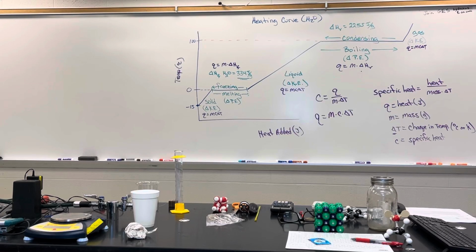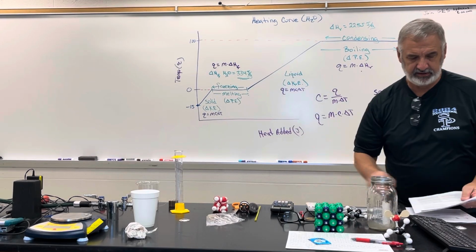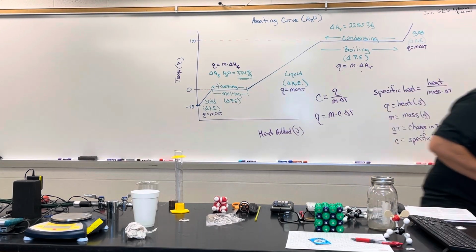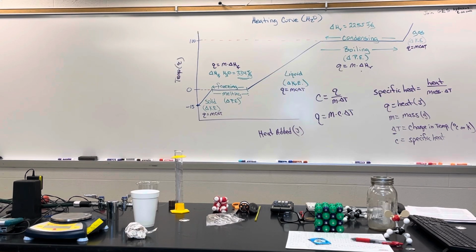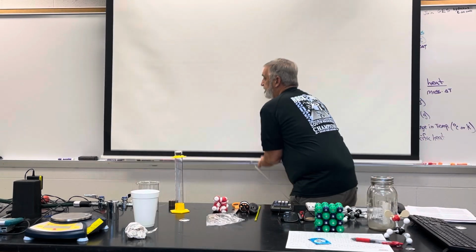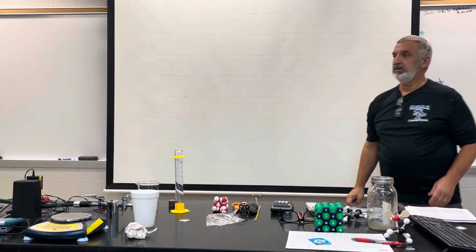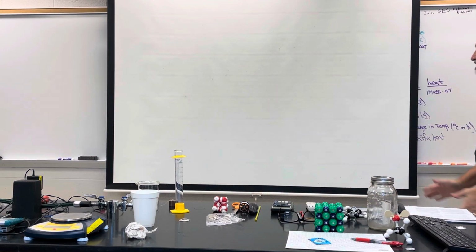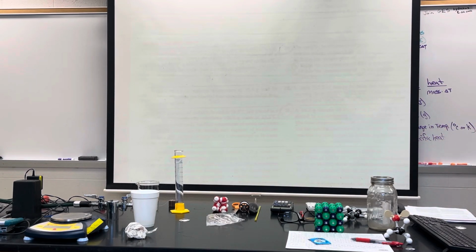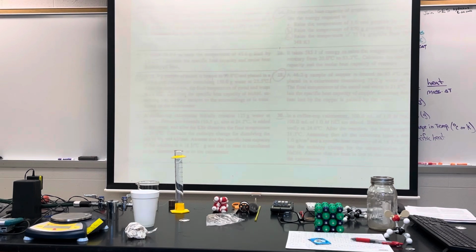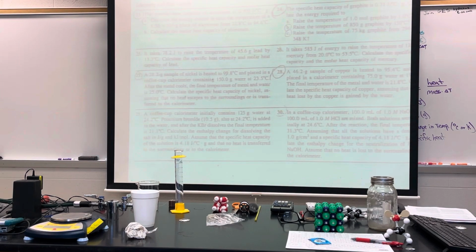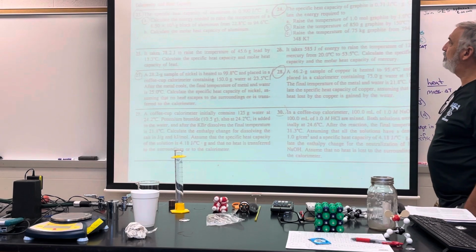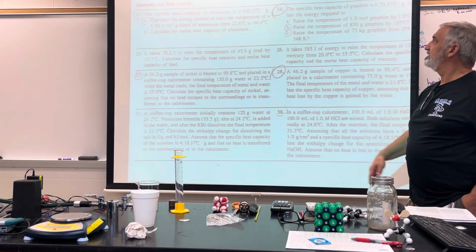All right, so let's look at number 23 on this. Number 23 says, as we pull this up, the specific heat capacity of aluminum is 0.9 joules per gram degree Celsius.